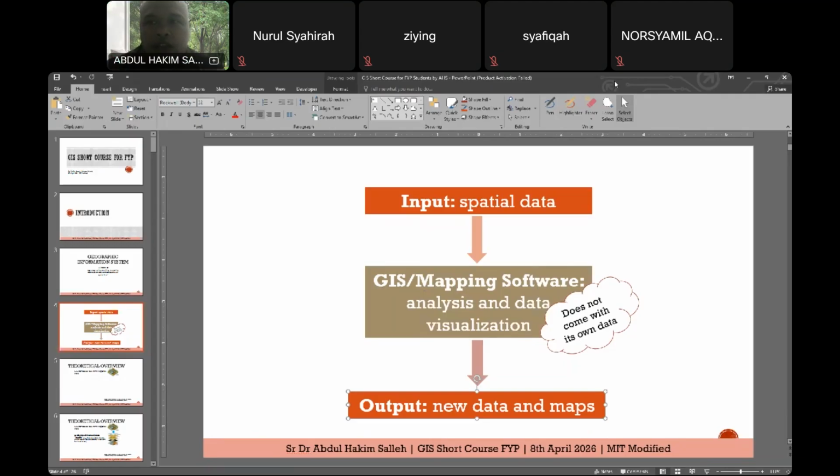If you want to do water quality, you need to go to the site, collect some water samples and do the lab analysis. Because GIS is just a tool. It will not give you its own data.